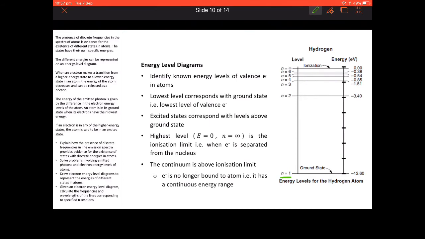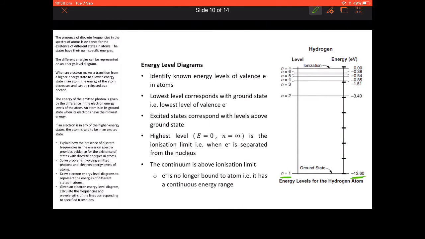In hydrogen, the ground state is at negative 13.6 electron volts, so that's the potential energy of the electron. So that is the energy that the electron would have to gain to be fully released from the hydrogen atom, so it's pretty stuck in there.